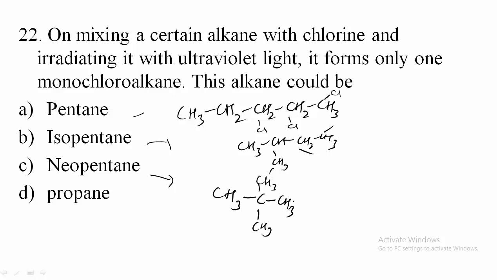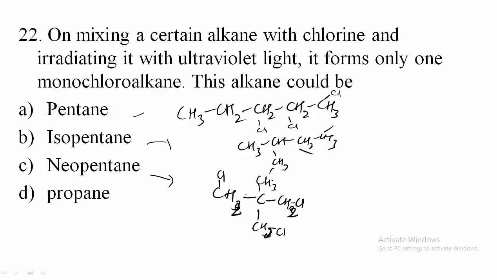Here see, if I remove one of the hydrogens and add Cl here, CH2Cl, the name of the compound is the same as when you remove the hydrogen from this position also. As well as if we remove hydrogen and substitute chlorine, it will give the same answer.